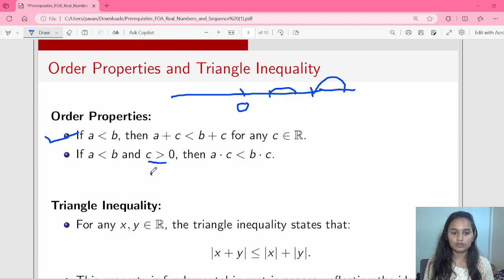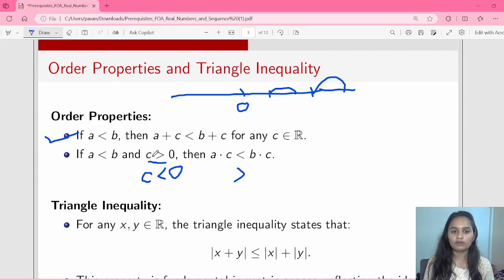But you should note here also that if c is some negative number, then we will have to flip the inequality sign. Then a into c will be greater than b into c. This is the second order property.